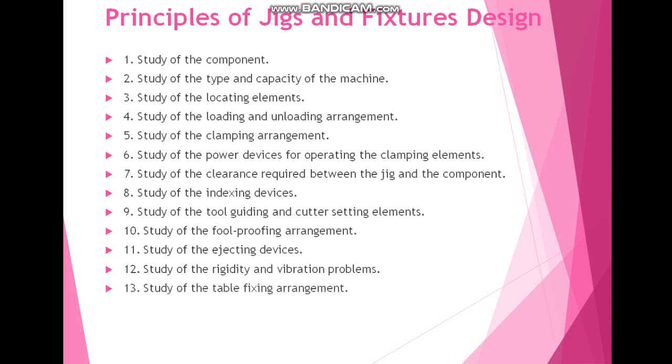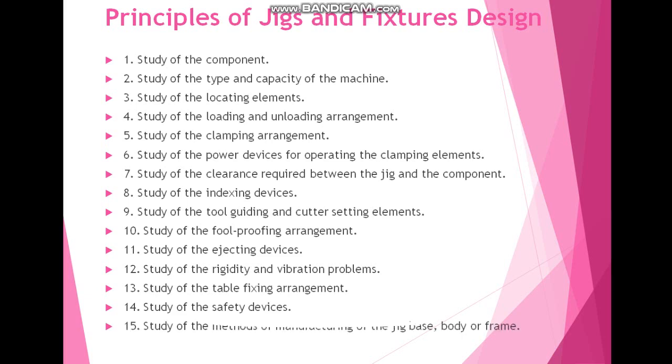Then the study of the table fixing arrangement. While designing jig and fixture, we need to consider the study of table fixing arrangement. Then we have to consider the study of the safety devices. What are the safety precautions that are used in the jig and fixture? We have to consider them while designing the jigs and fixture.